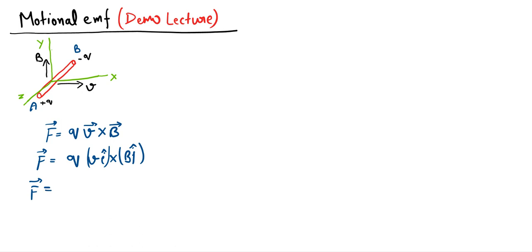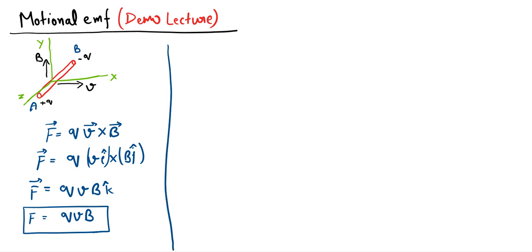This means the force is Q V B k cap. The force on the positive charge is QVB. This force is acting along the z direction, that is towards the point A. The same force is felt by the negative charge inside the conductor, and the direction of force is towards B, that is towards the minus k direction, the negative z direction.